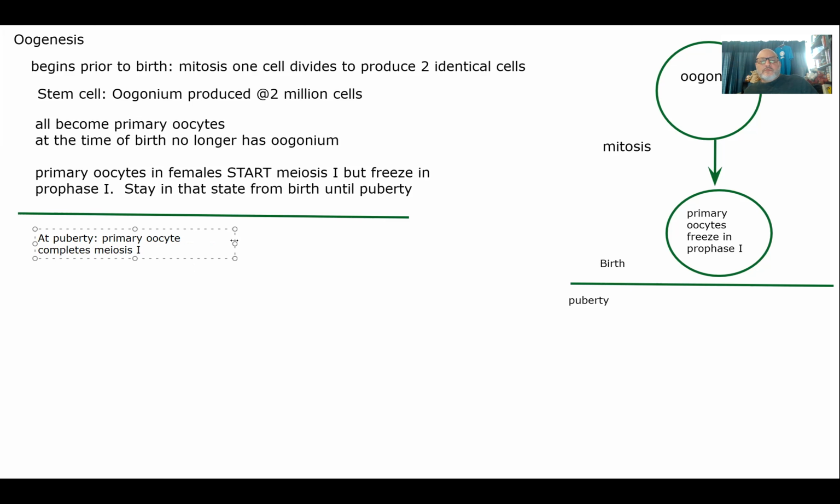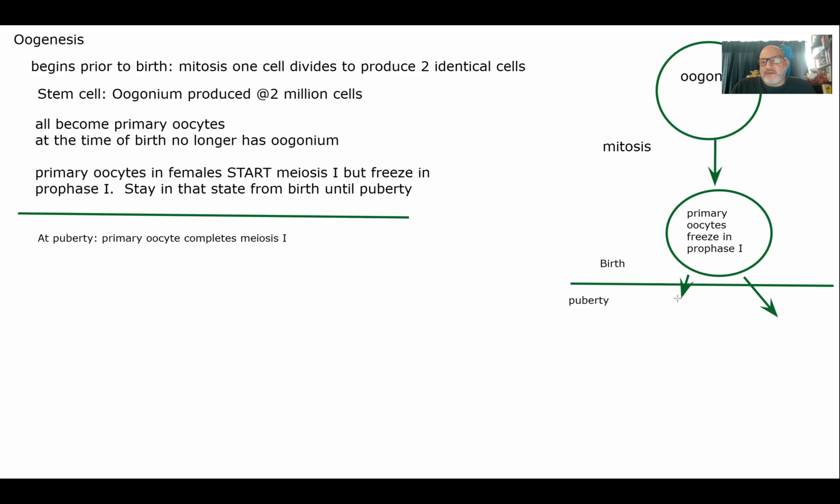Now, when it completes meiosis 1, let's think about the things that we know from spermatogenesis. How many divisions does it undergo? How many cells does it produce? 2 haploid cells. I'm sorry, how many? 2 haploid cells. Excellent, absolutely correct.